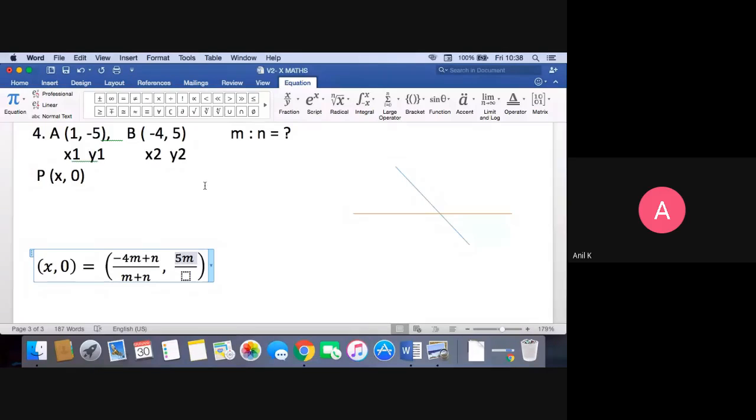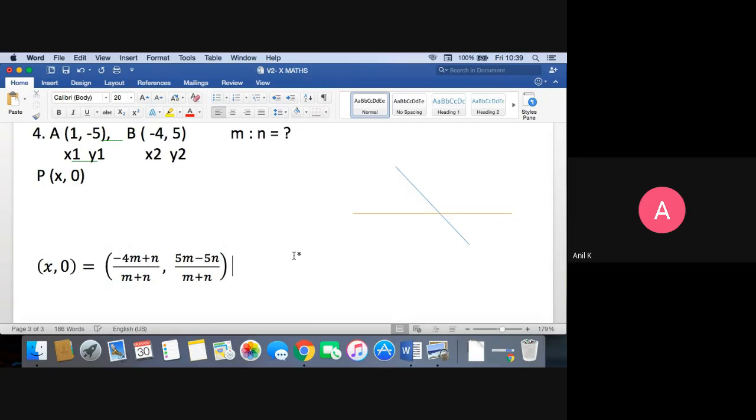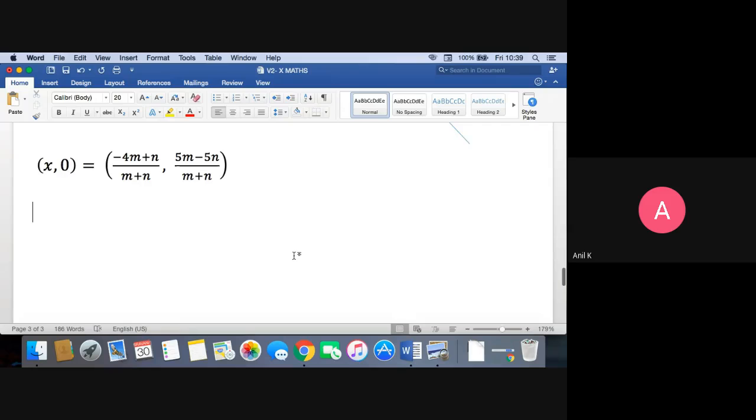Then ny1: n is n only, y1 is minus 5. So it will be minus 5n upon m plus n. M plus n remains as it is because I don't know the m and n values. Okay, so as usual, now 2 points are equal.